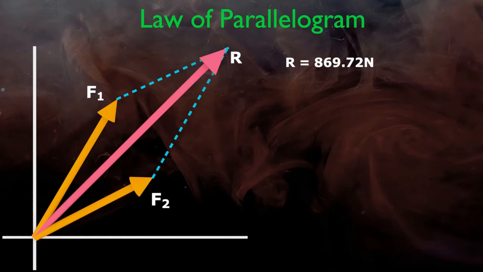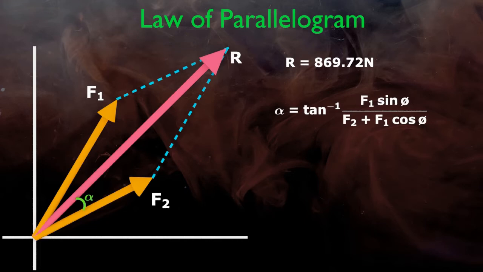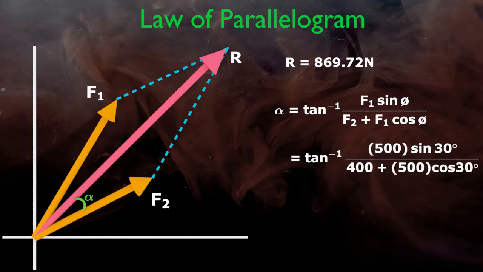Now the equation to find angle alpha is tan inverse of F1 sin phi upon F2 plus F1 cos phi. Put all values. So angle alpha is 16.7 degree. But alpha is the angle between the resultant and force F2.